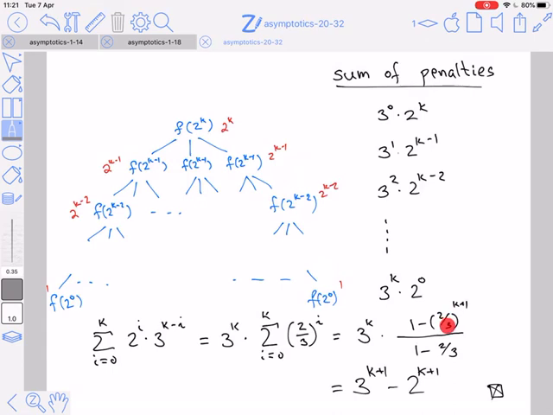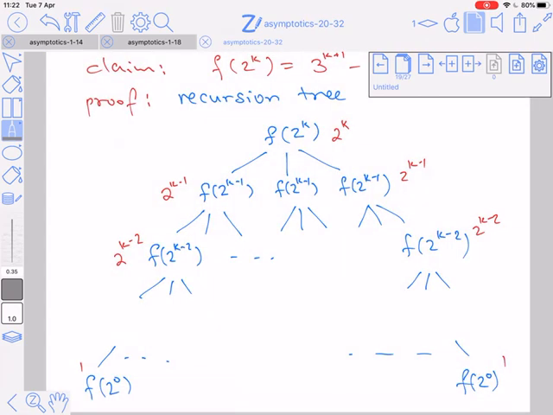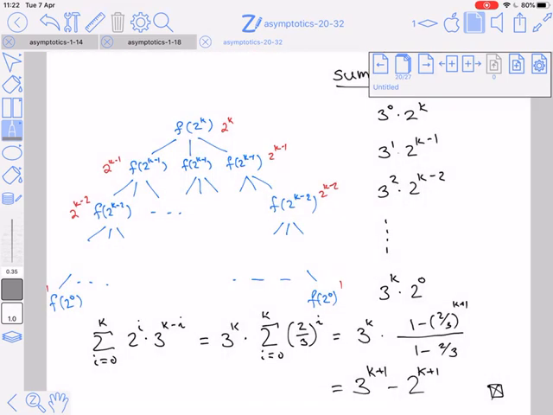The quotient is 2 over 3, to the number of elements we're summing, which is k plus 1, divided by 1 minus the quotient. The quotient is 2 over 3. And this expression evaluates as 3 to the power of k plus 1 minus 2 to the power of k plus 1, and that completes the proof of the case in which the argument is a power of 2.